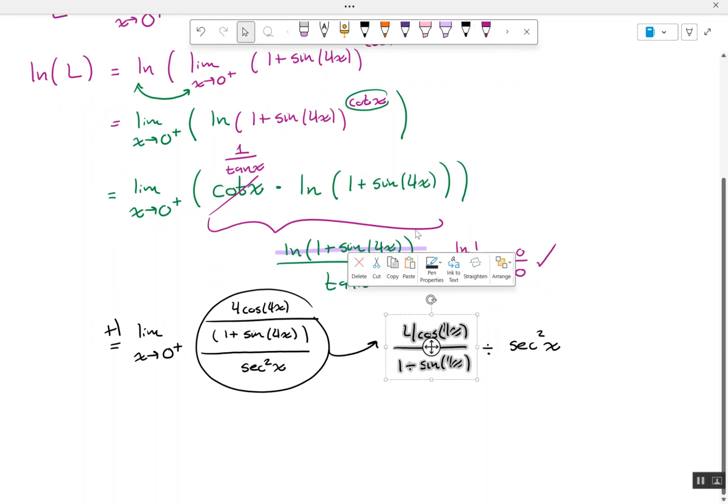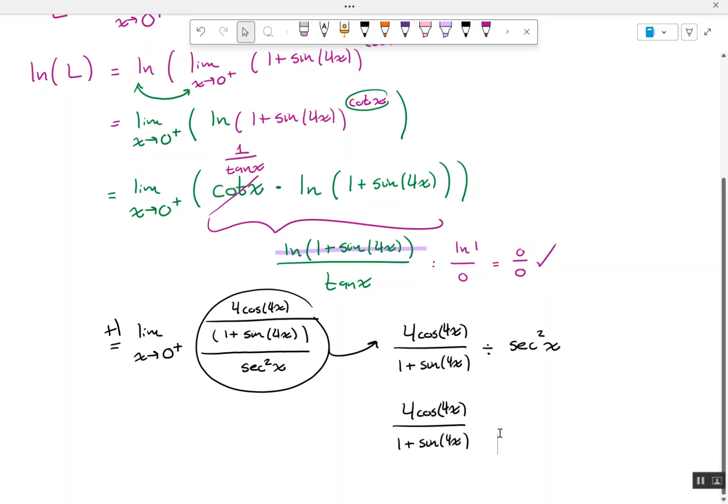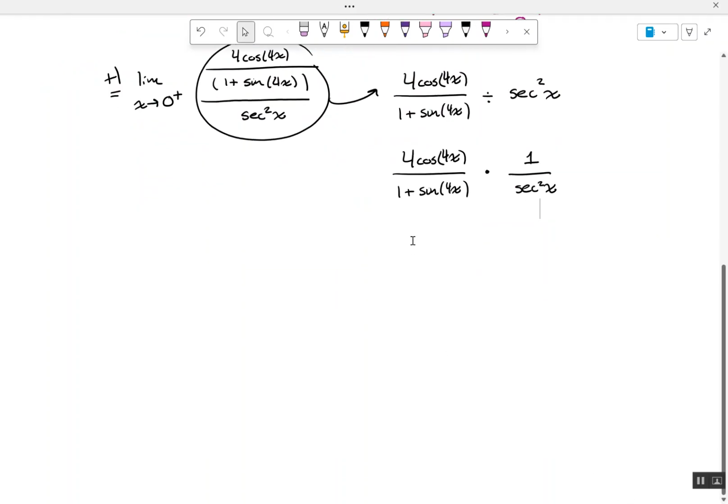So I'm just writing it out super carefully so we can understand the fractions going on. So that's the same thing as multiplying by 1 over secant squared. And 1 over secant is cosine.